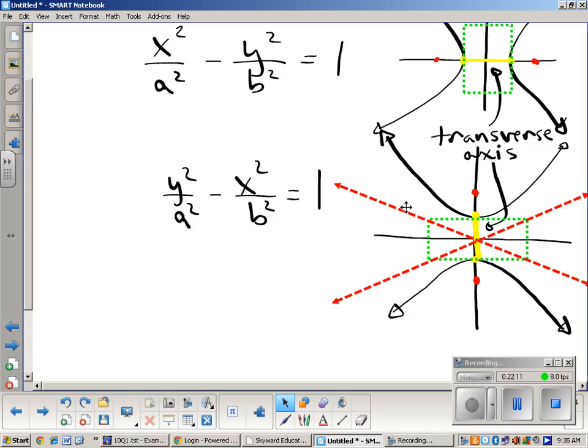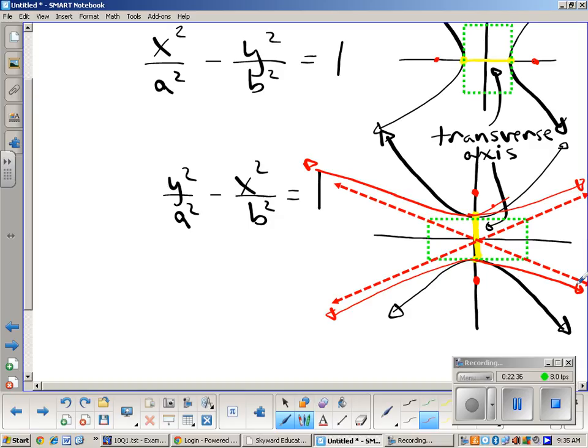My graph up here should be coming out this way, and this graph should be coming out this way, based on the rectangle I put in there.